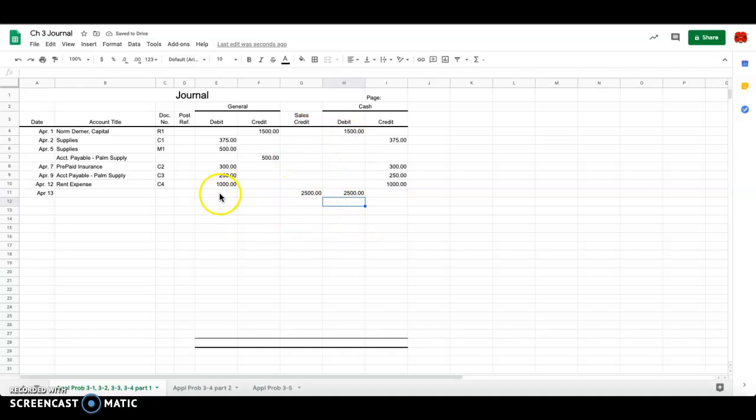I did not put anything in general debit or credit, so I don't have to put anything in my account title spot right there. But in accounting, we can never leave anything blank. So what we're going to do is we are going to go ahead and just do a lowercase b, a little thing like that. When you see this, this just means that there is not supposed to be anything right there, because we've used two special amount columns that already tell us cash and sales.